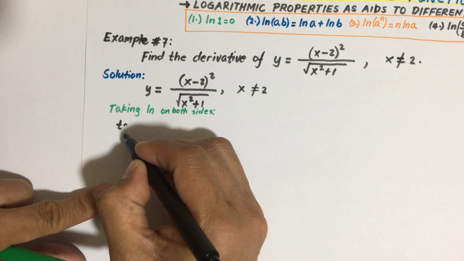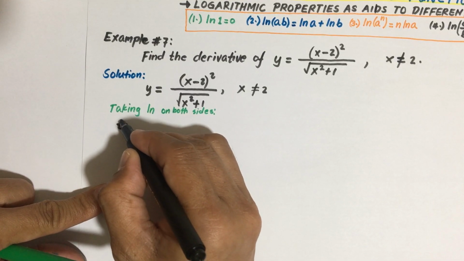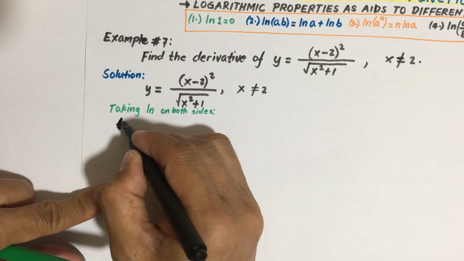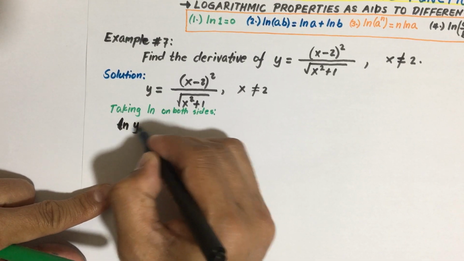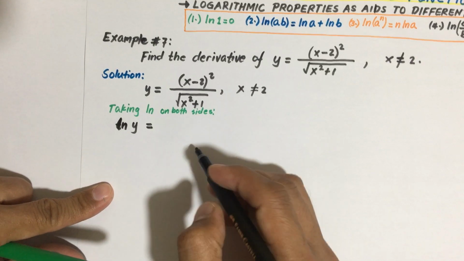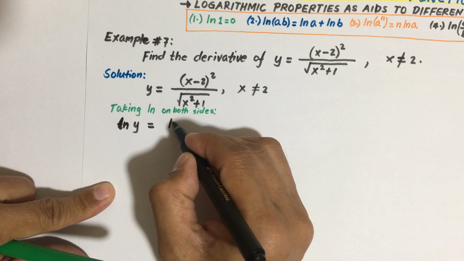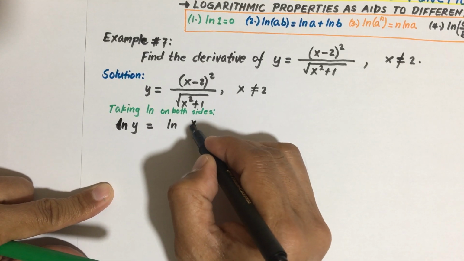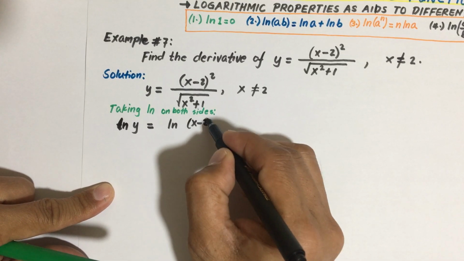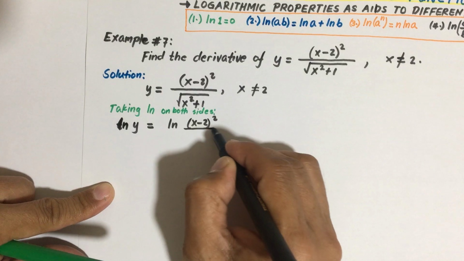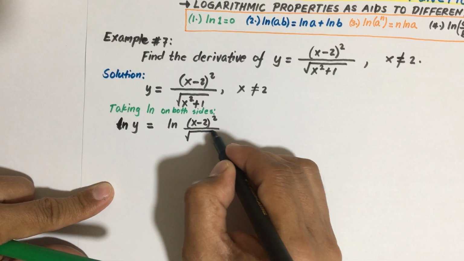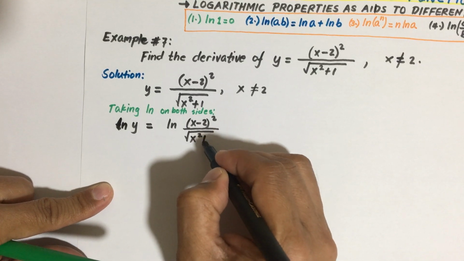So we take ln on both sides, so ln of y equal to ln of x minus 2 squared divided by square root of x squared plus 1.